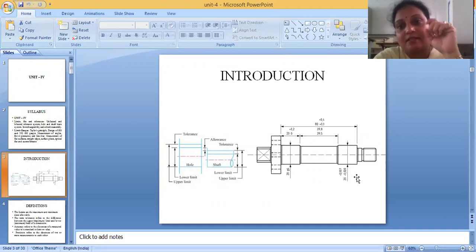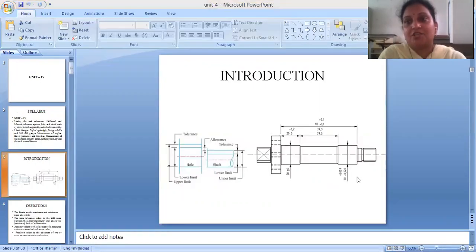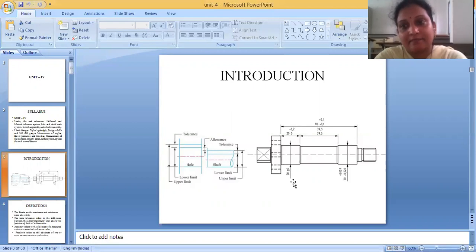If you take the dimension 80, it can increase its size by 0.4 or decrease its size by 0.1. So we are allowing it to deviate, meaning it can increase or decrease its size.